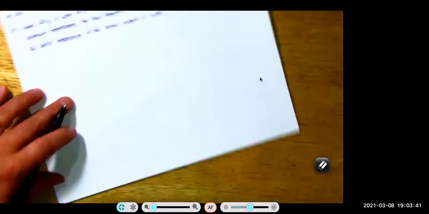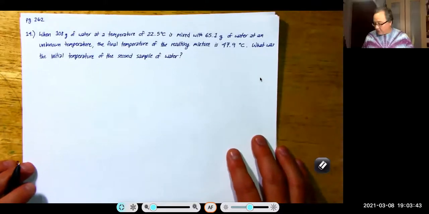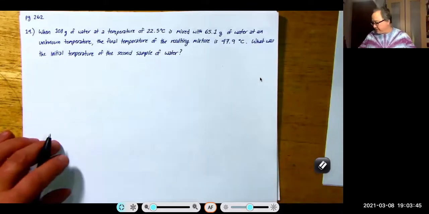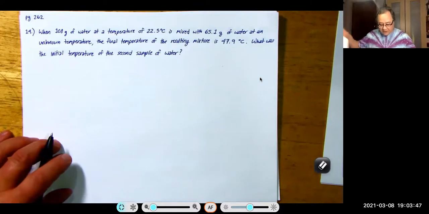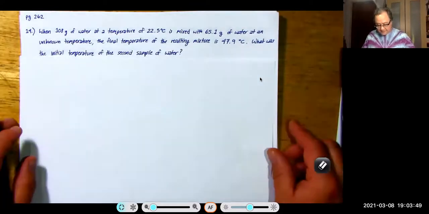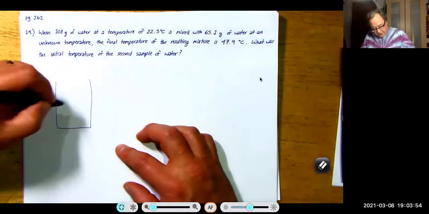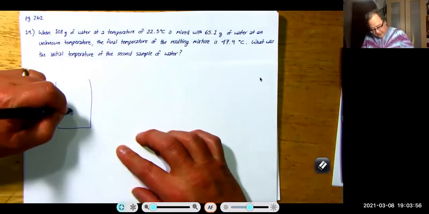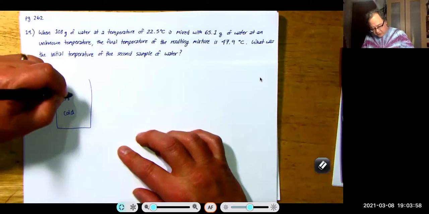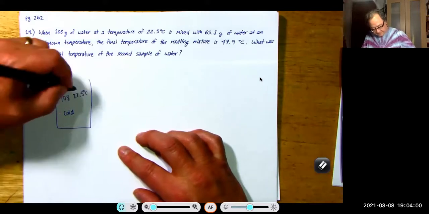Okay. So we're going to start over. And people are going to learn sometimes your first try doesn't work. So here's what we're going to do. Here's the cold, 108 grams at 22.5 degrees Celsius.